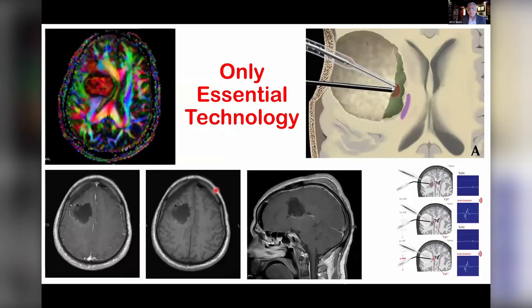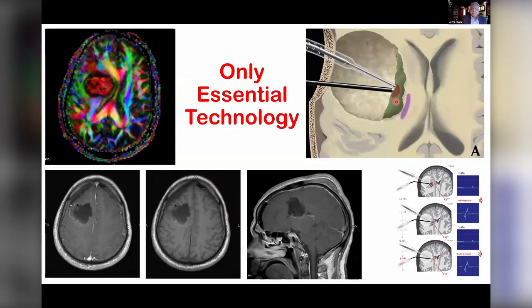And I think we should only focus on essential technology. So for example, here's a patient with a GBM that I did surgery on. It shows very clearly that it is right next to the posterior limb of the internal capsule, right next to the genu. Although I did have this image and could have used it to guide me through surgery, that's a more expensive way.